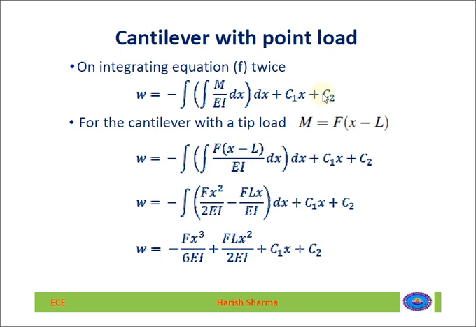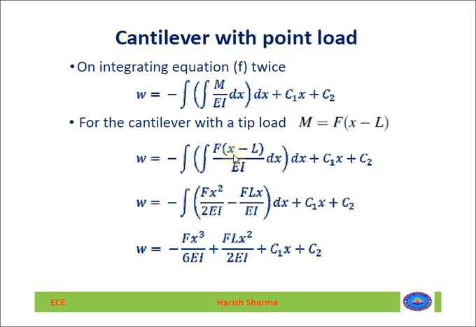For the cantilever beam with the tip load, the value of M is F into (x minus L), because it's changing along the length. Putting this value of M in the equation, we get w equal to minus the integration of F into (x minus L) upon EI dx dx, plus c1x plus c2.